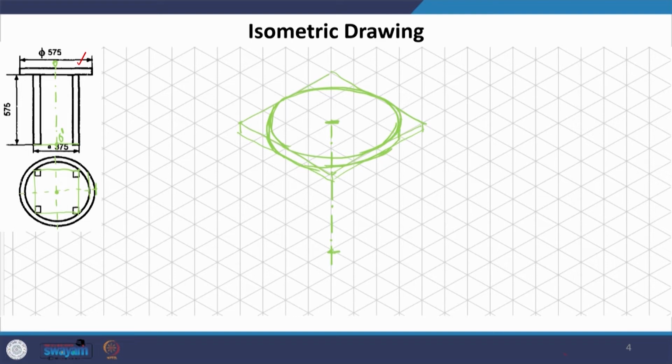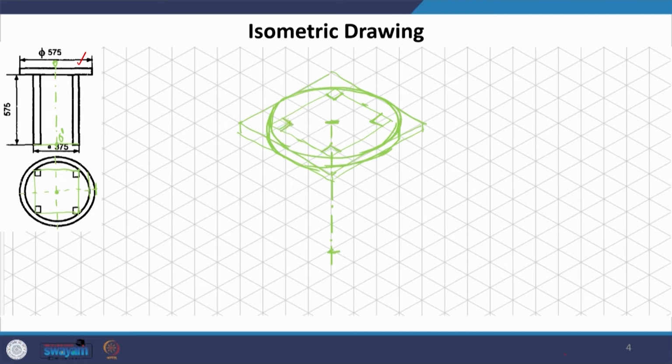Now, in the bottom one, we have to have another square here. Suppose we have a square which is approximately this much, right. So, this is the square that we are talking about and the corners of this square is where your legs are going to come, legs of the stool.